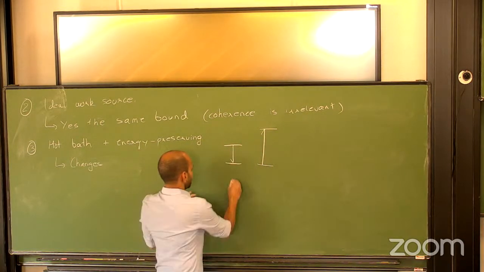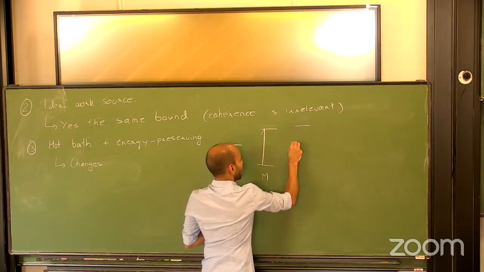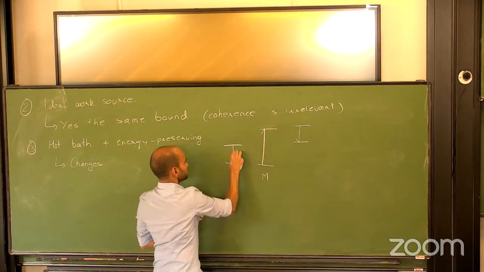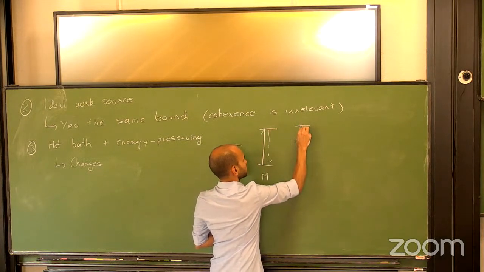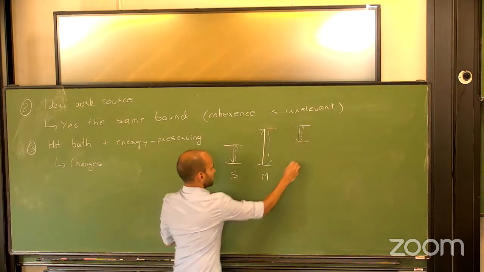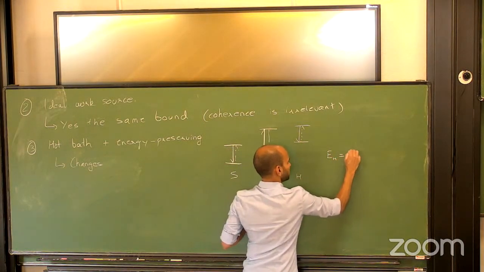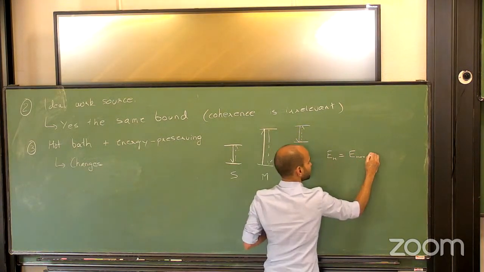The way to make this an energy preserving operation is to add a qubit from the hot bath that is exactly the difference in energies. So this is now hot, and I choose E hot to be E machine, or E max let's say, because I've called E max there, minus E system.